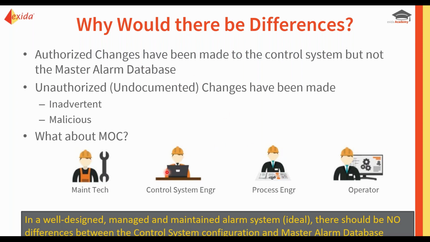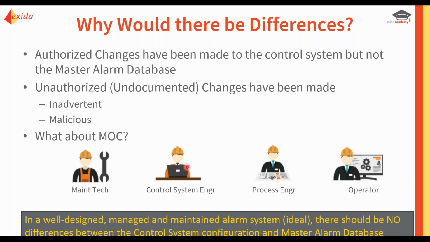And if the change was made, let's say, by the control system engineer into the configuration based on the MOC, that would be okay. Except if that same change is not made into the master alarm database, then this discrepancy will show up. So that's an example of where a discrepancy does show up, but it's for an authorized change.